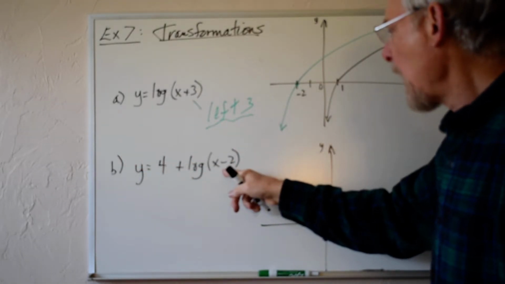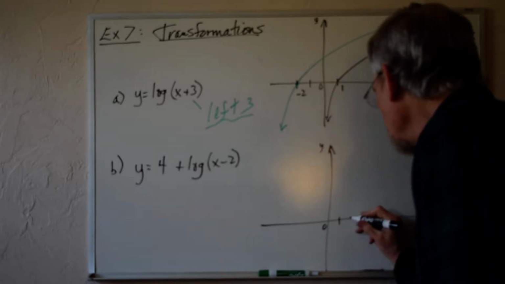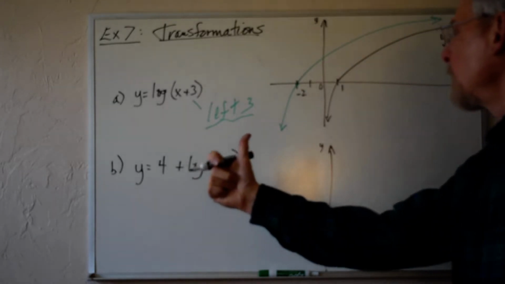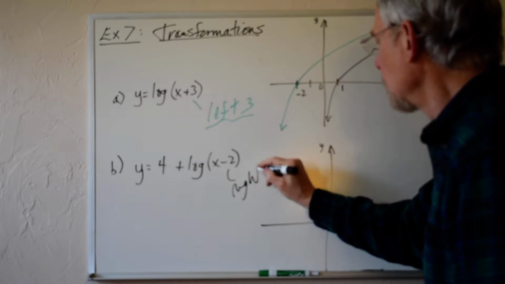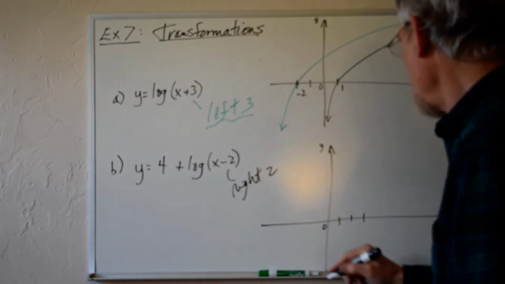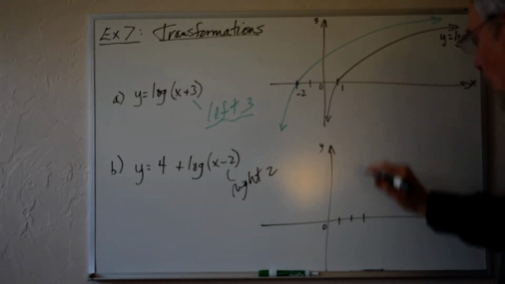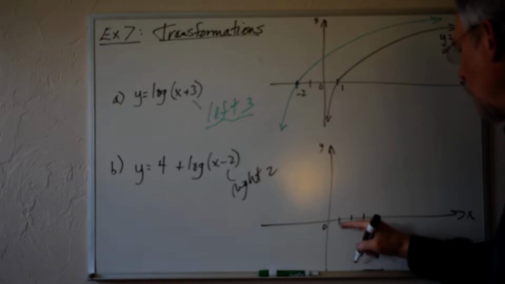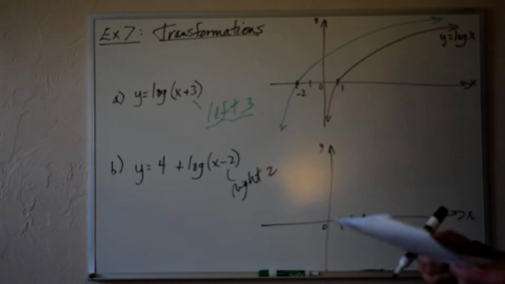So now I'm going to subtract 2, and as you might expect, that's going to pull me to the right 2 places. So the unadulterated log function went through the x-axis there. Now I'm going to shift right 2 places. So this new function is going to go through there.